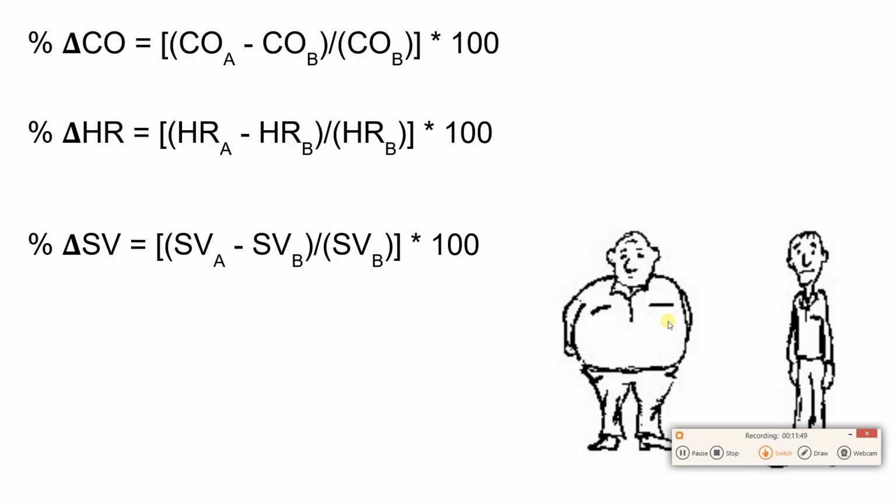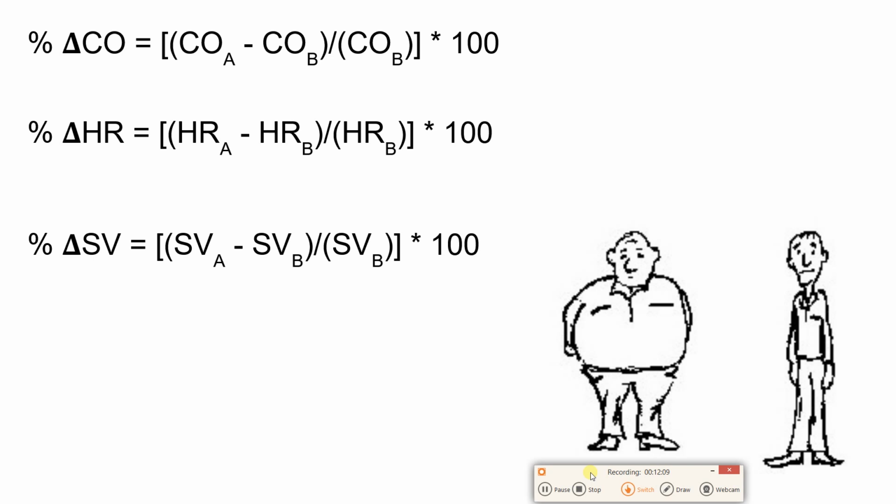And then we got one last little bit of math to do. Now, this looks scary. It's not that bad, okay? What we want to do is figure out how much cardiac output, heart rate, and stroke volume changed as a percentage of the original. The analogy I like to use is, let's say we got two guys here, all right?